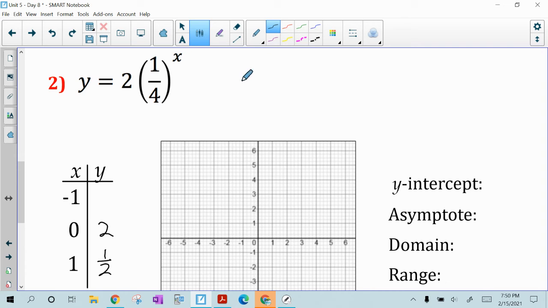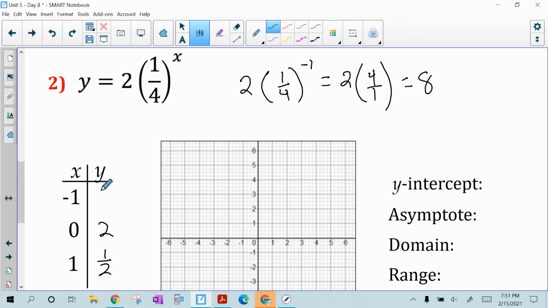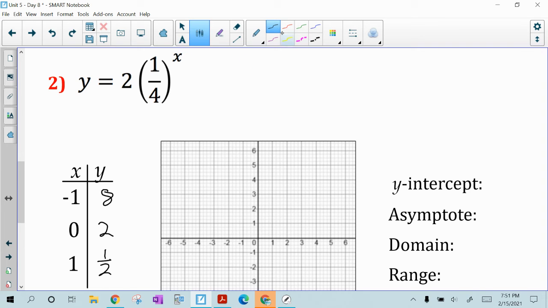I've now got 2 times 1/4 to the negative first. Well, let's see. I apply the negative exponent to both of these, which means I'm going to end up with 2 times 4/1, which gets me 8. All right, now, real briefly, I can quickly sketch this graph and see what I've got to play with here.